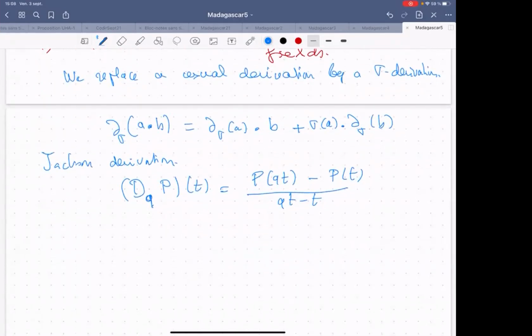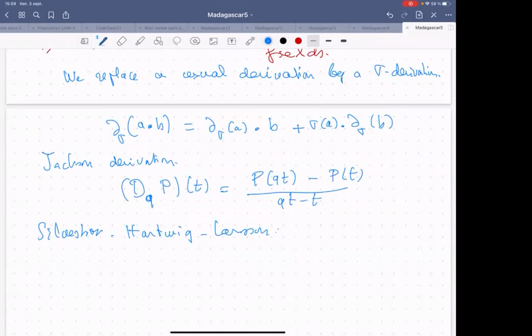With this Jackson derivation, Silvestrov, Hartwig and Larsson developed a very nice machinery to construct a new type of algebra.